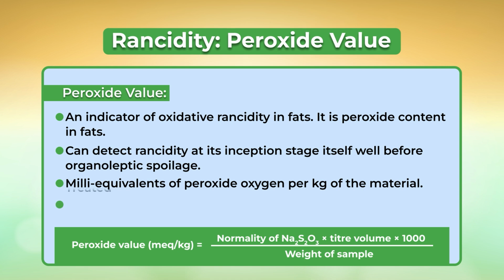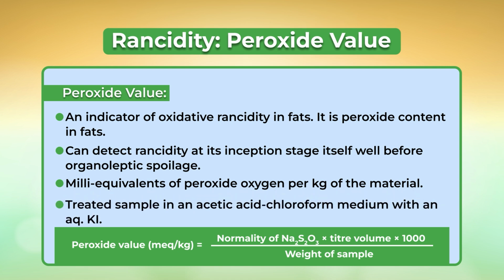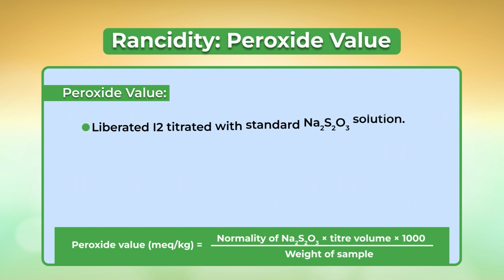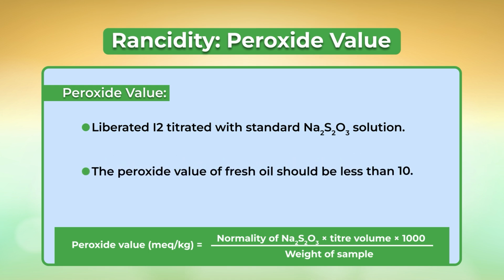We treat the sample with acetic acid-chloroform medium and add KI. Because peroxide is there, potassium iodide will liberate iodine. We titrate the iodine with sodium thiosulfate and calculate the peroxide value from the normality of thiosulfate times the titer volume, times 1000.